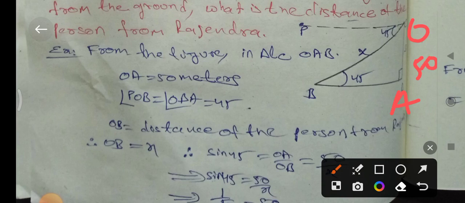OB is equal to the distance of the person from Rajendra. Let OB be equal to x.